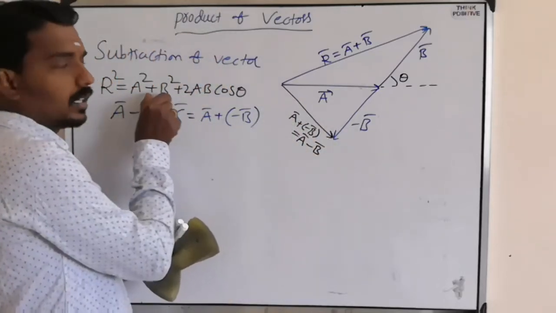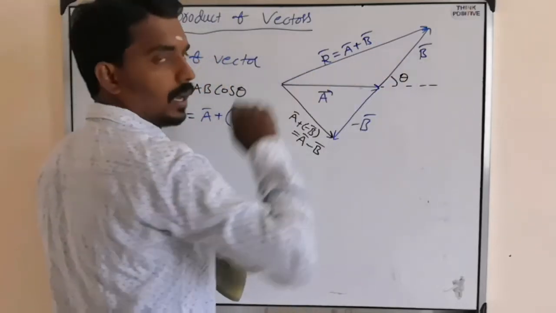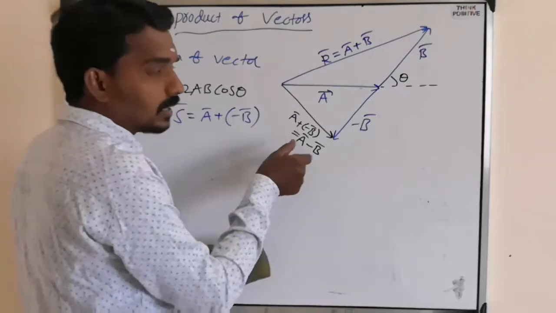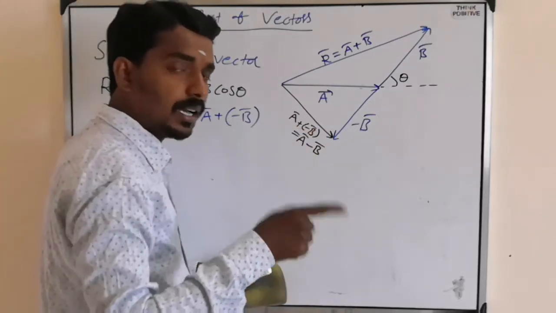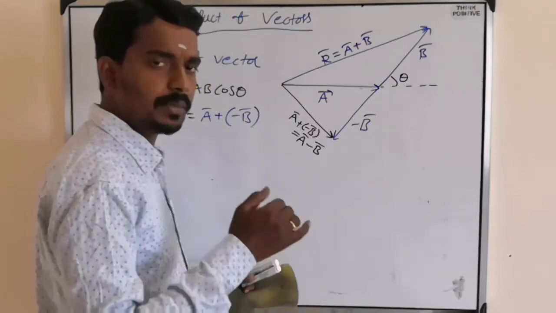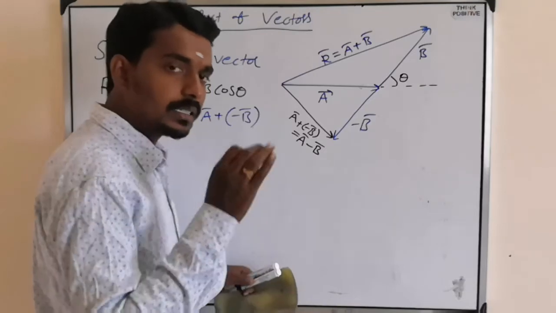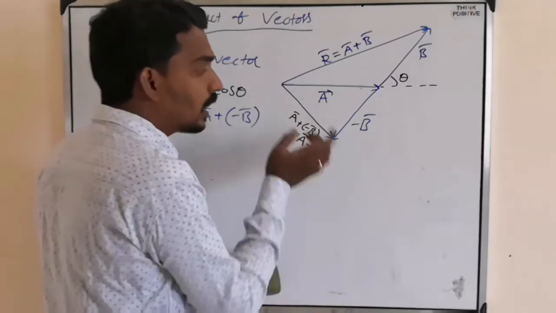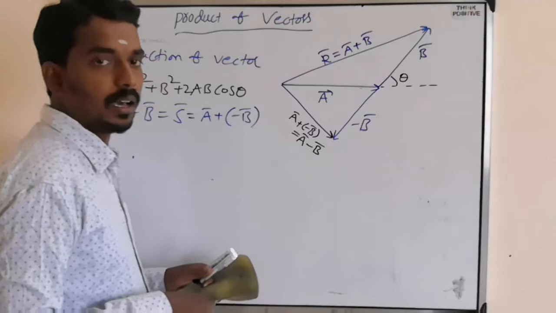So this is the resultant of A bar and B bar. Then this is the resultant of A bar and minus B bar. Subtraction of A bar and B bar is nothing but the resultant of A bar and minus B bar.